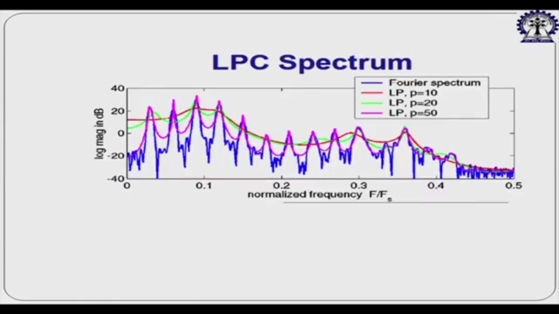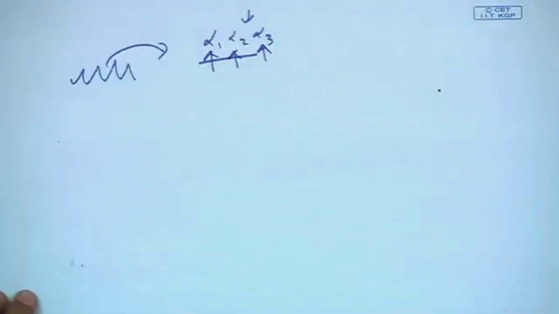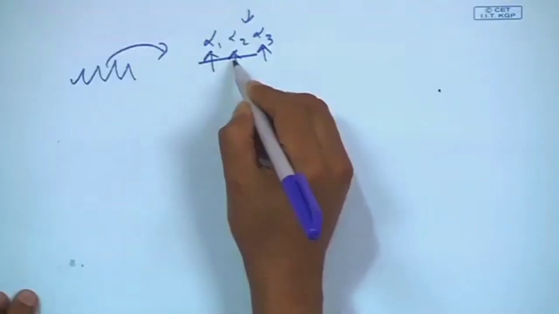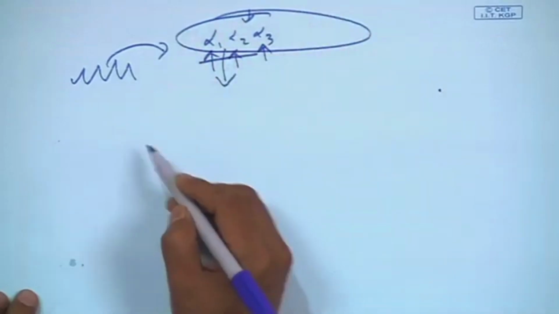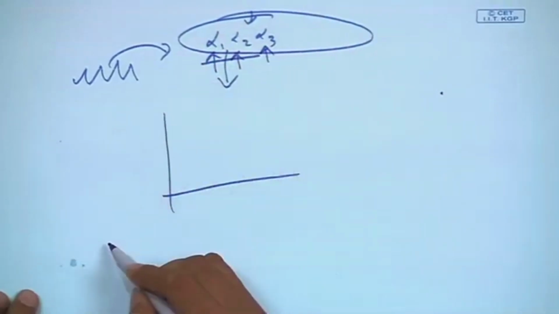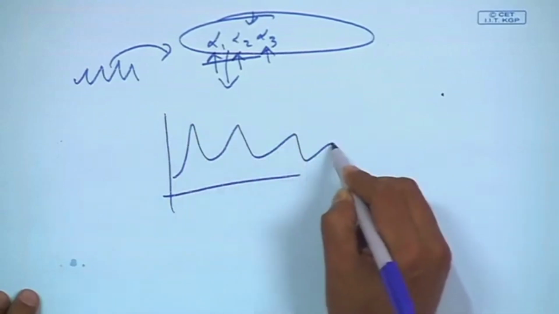Those coefficients represent the pole positions. So, formants actually represent the pole positions. If I take the frequency transform of those coefficients, I should get the LPC spectrum, which will give me the resonant frequency.